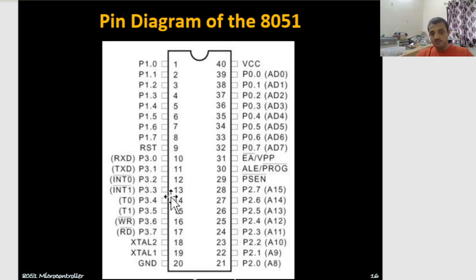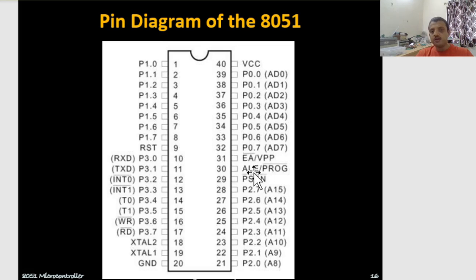So the 20 pins identification we already made. The rest of the 20 pins are on the other side, starting from port 2, P2.0 till P2.7. Then you see these three signals: PSEN, program store enable, and ALE. These are used for memory interface.